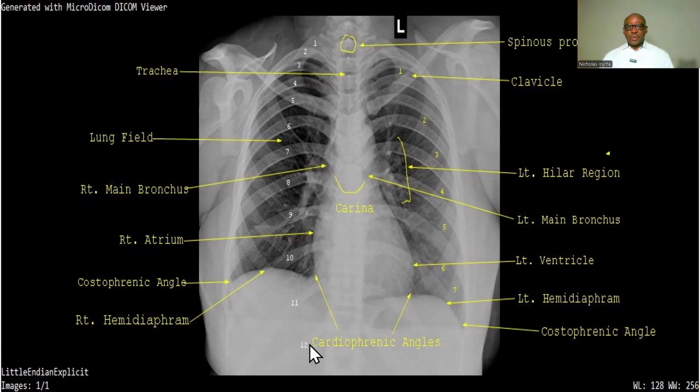So what happens on chest X-ray for an optimal chest radiograph, that is a good chest radiograph with good inspiration and good factors, you will have on the posterior about 9.